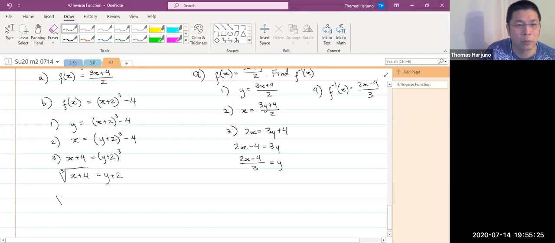And then subtract 2. Last step, f inverse of x equals the cube root of (x plus 4) minus 2.